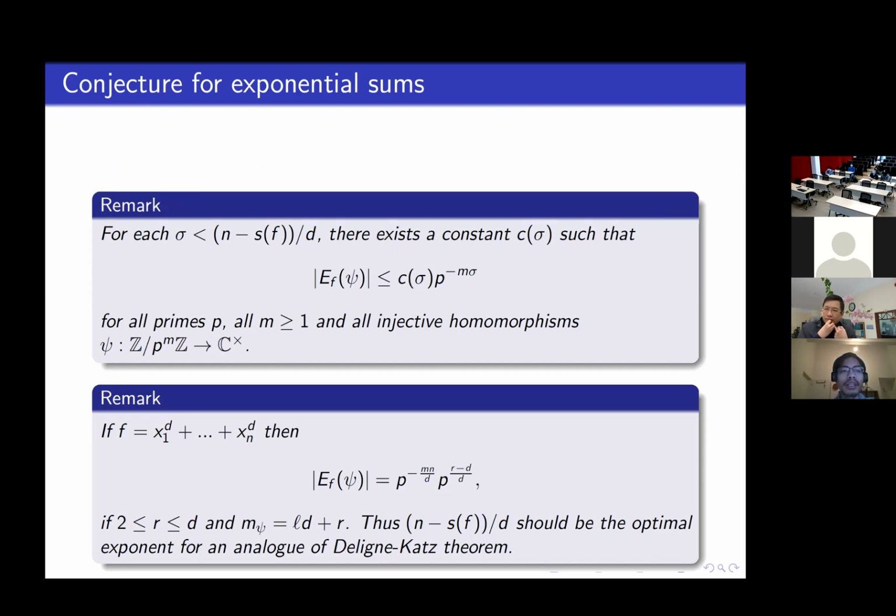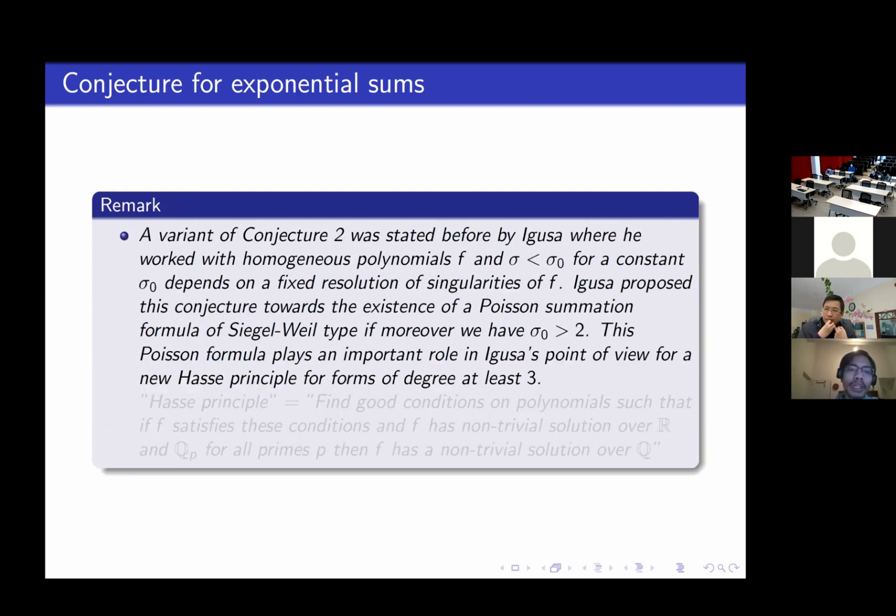Okay. So I want to give some remarks about conjecture 2. The first variant of conjecture 2 was studied before by Igusa when he worked with f a homogeneous polynomial, and he takes sigma less than sigma_0 for a constant sigma_0 depending on a fixed resolution of singularities of f.